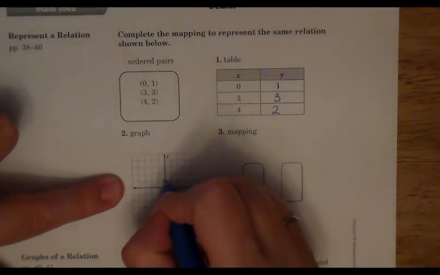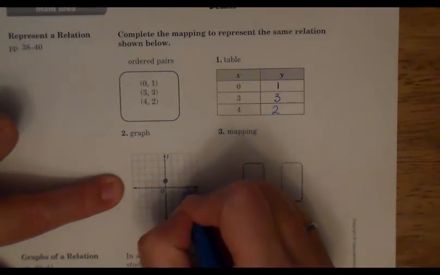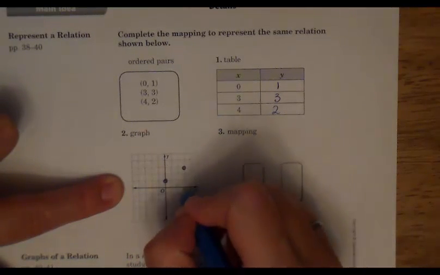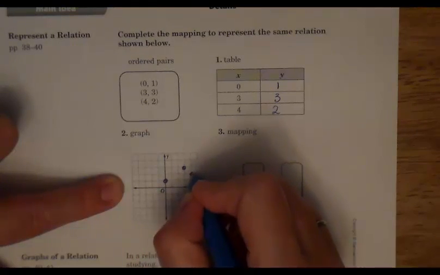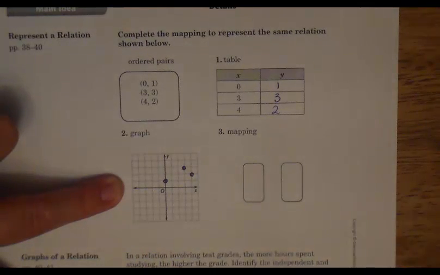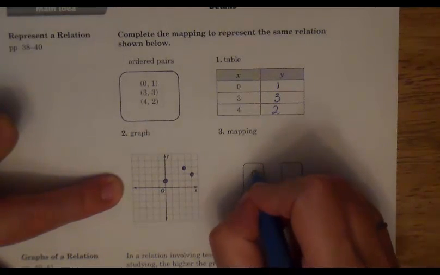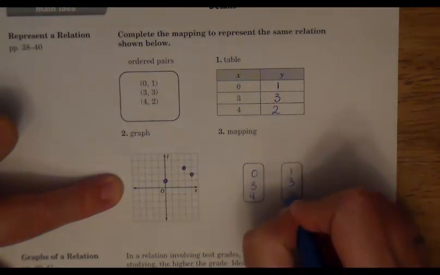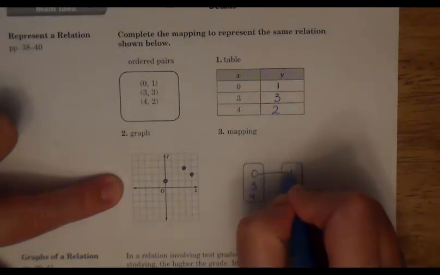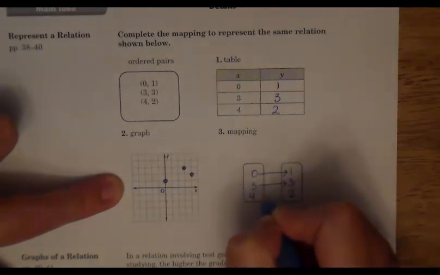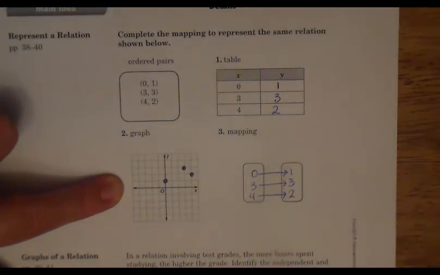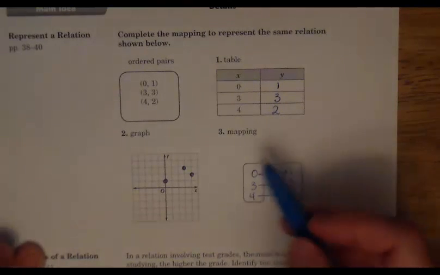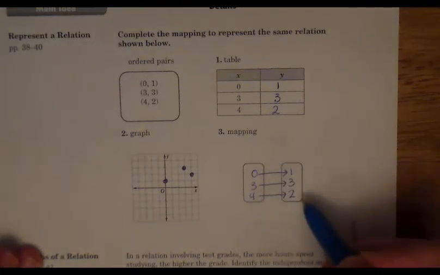On our points, I have 0, 1, 3, 3, and 4, 2. And then on my map, I put my x coordinates, my y coordinates, and then I draw an arrow to show which goes with which. So 0 with 1, 3 with 3, and 4 with 2.